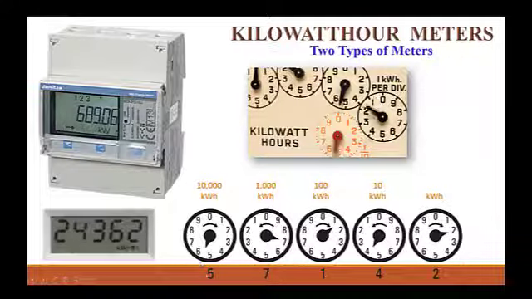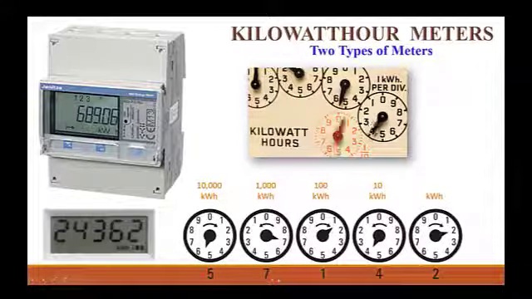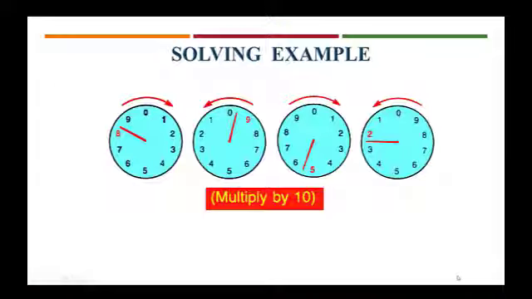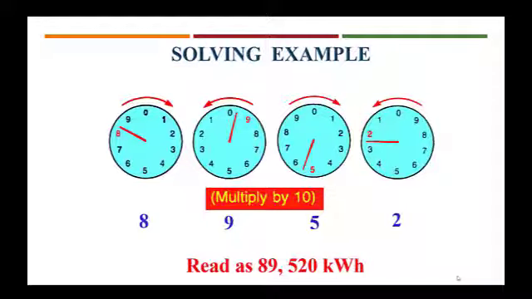So in this particular case, I would read this as 57,142 kilowatt hours. If I only have 4 dials, we multiply it by 10. So in this particular case, using that same process, I would come up with this.